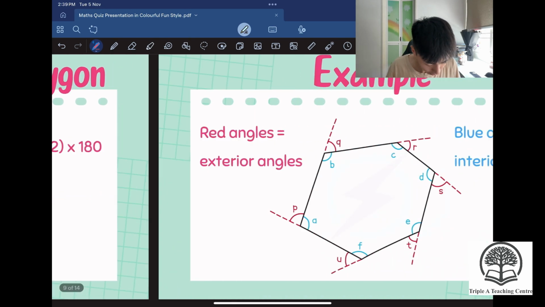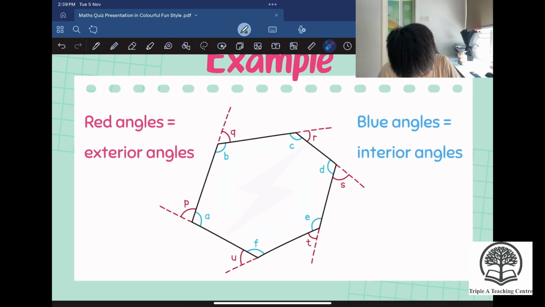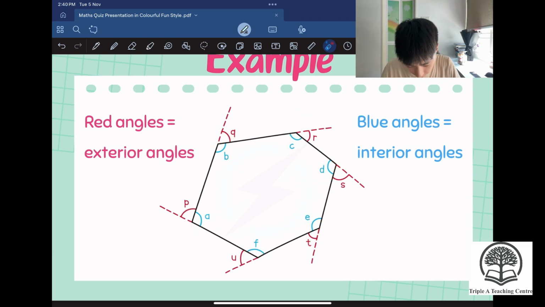Okay, I have a simple diagram over here. As you can see, the blue angles represent the interior angles of this. This is a hexagon, right? Since it has 6 sides, it is a hexagon, so all the blue angles represent the interior angles of the hexagon, and all the red angles represent the exterior angles of it.